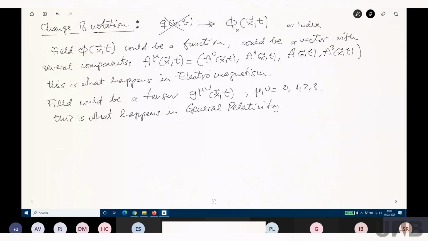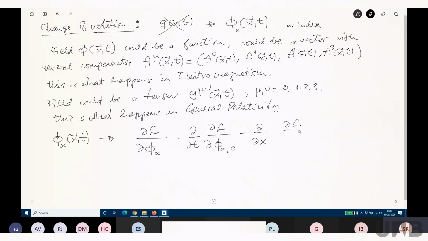Say that we have a field phi with an index, then the equations of motion are going to be dL/d phi alpha minus d/dt of the derivative of L with respect to phi alpha,0 minus the derivative with respect to x^i of the derivative of L with respect to phi alpha,i, and if I have 3 components, then it's a sum over i, equals 0.